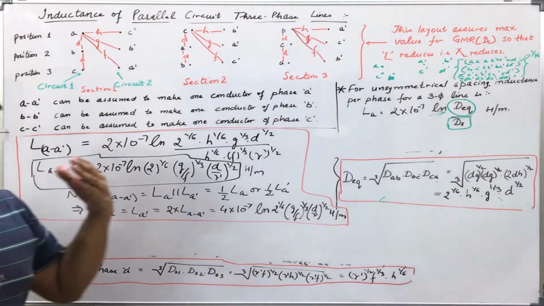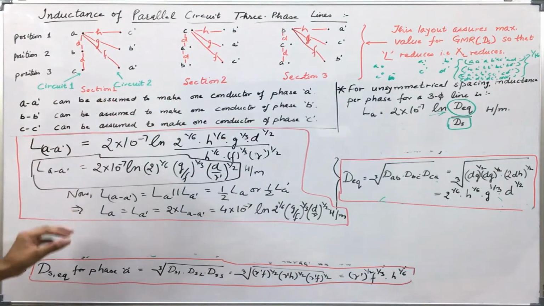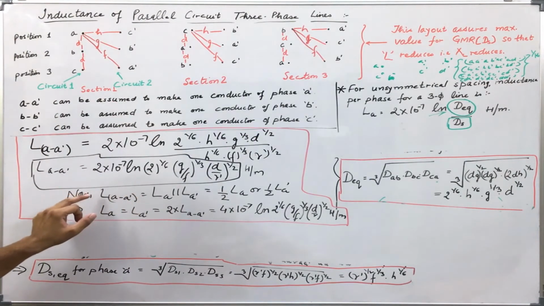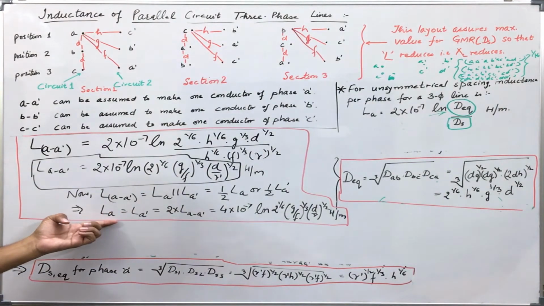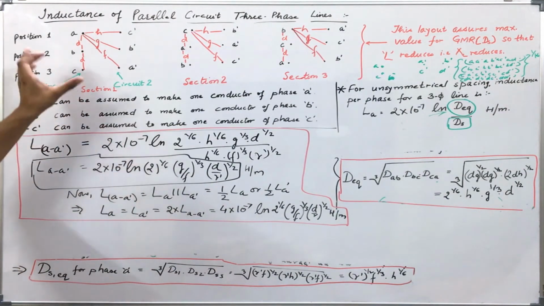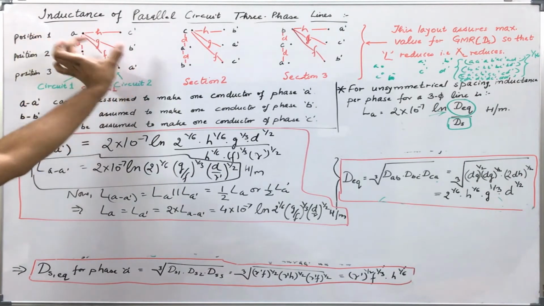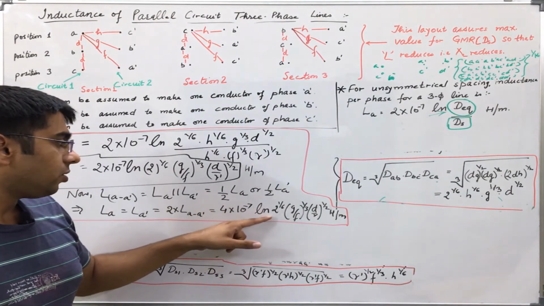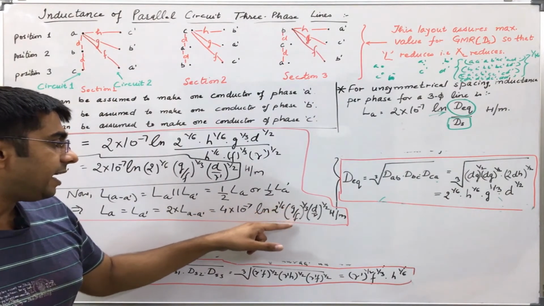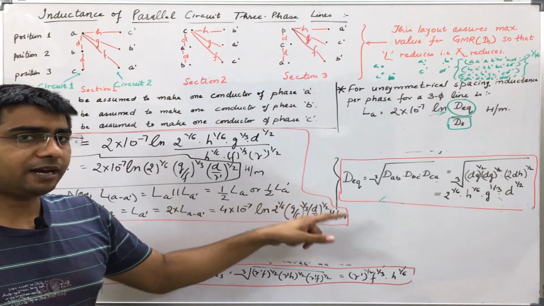So the inductance of either of these strands, one strand, can be taken as twice that of the composite conductor. So the inductance for each phase, for each transmission line, that is transmission line 1 or 2, can be given by 4 into 10 raised to power minus 7 natural log of 2 raised to power 1 by 6, G by F power 1 by 3, D by r dash power 1 by 2 Henry per meter.